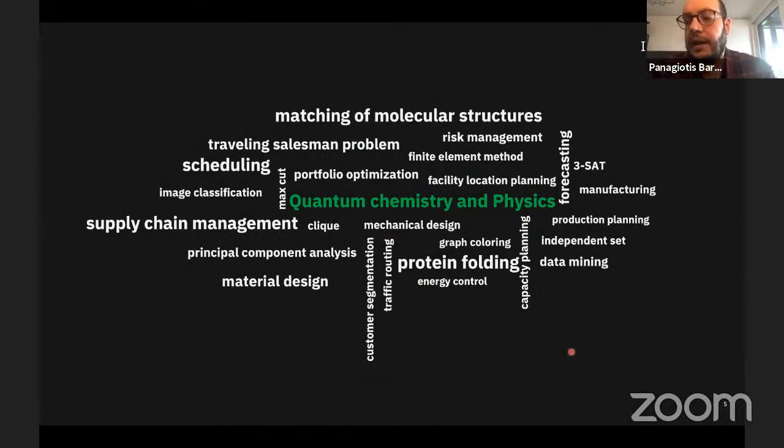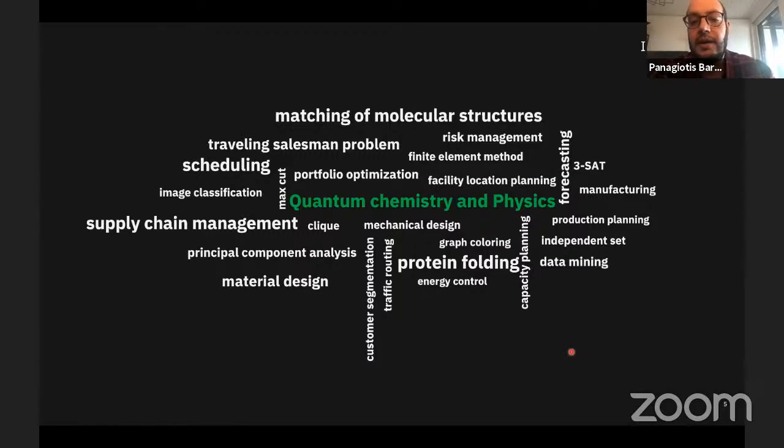In this slide, I list some of the applications that quantum computers have and that have been proposed already in the literature. And in this talk, I will mainly focus on problems that are related to quantum chemistry and physics. Beyond this, just to mention some of the applications that may be of interest for everybody in the field of material design or quantum physics and chemistry, we have the matching of molecular structures, we have calculations on protein folding, but we also have optimization problems like 3-SAT, like the traveling salesman problem.